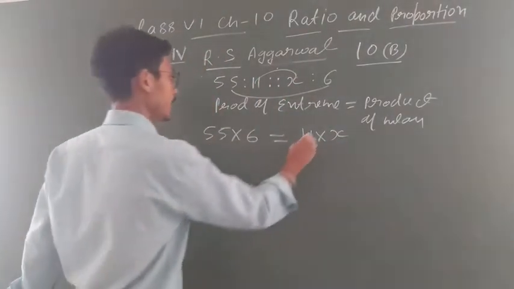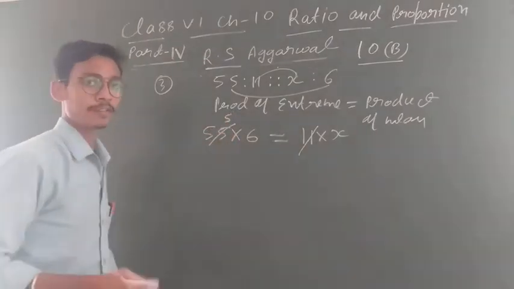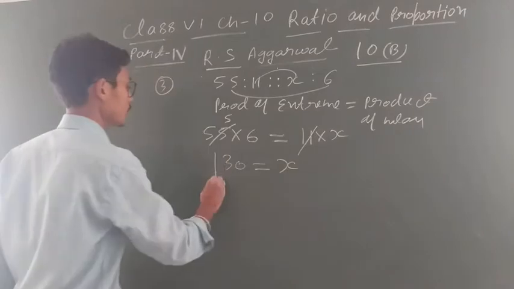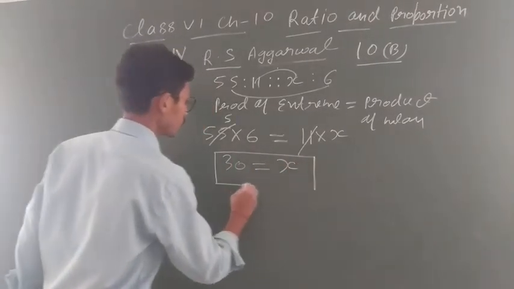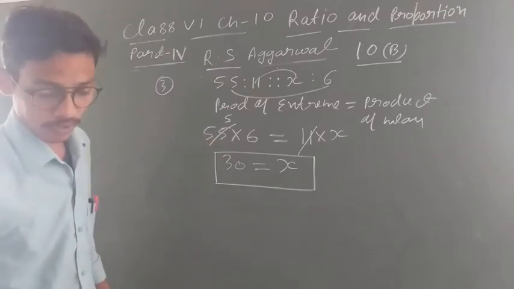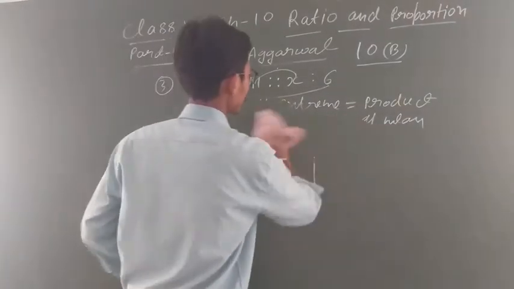So 11 fives are 55, and 6 fives are 30. That means the value of x equals 30. Very easy, student. So by this we will solve this question. All are very easy.